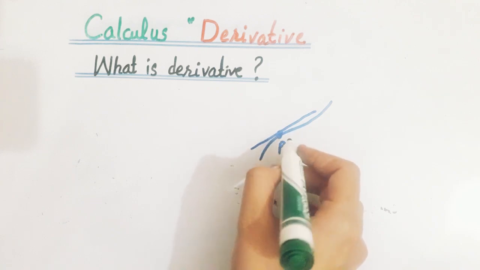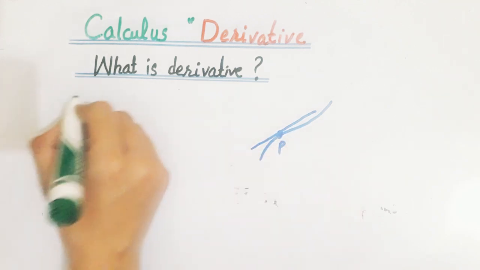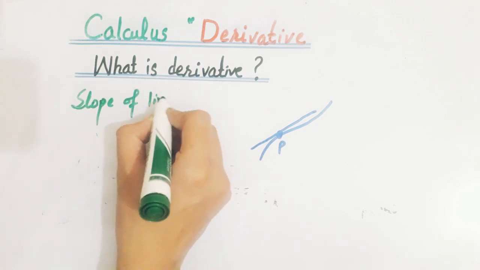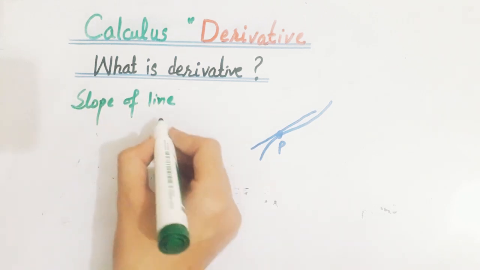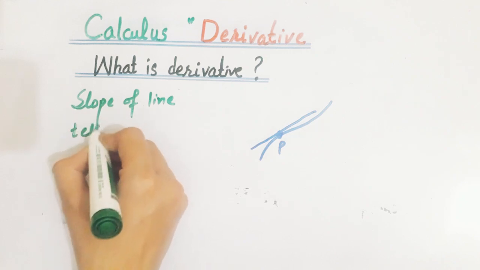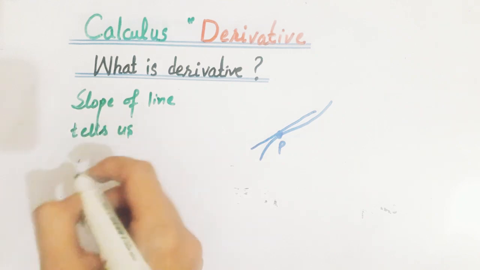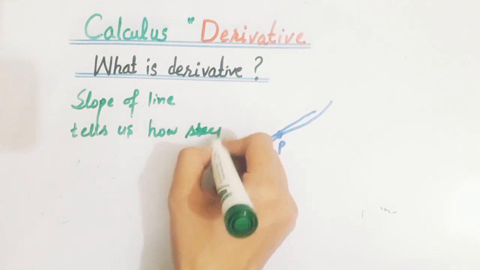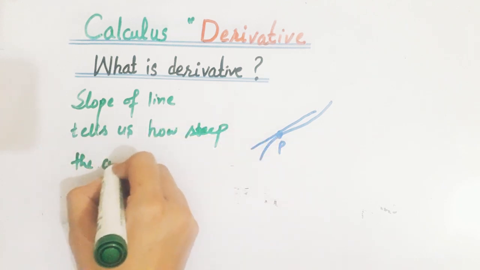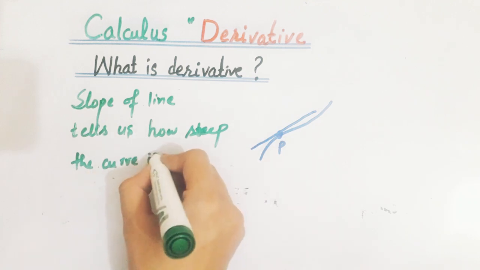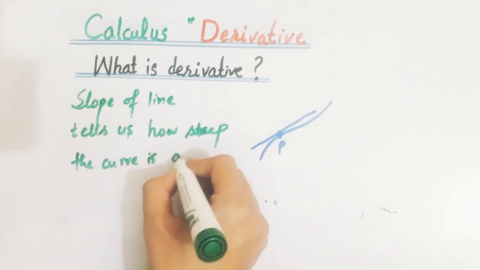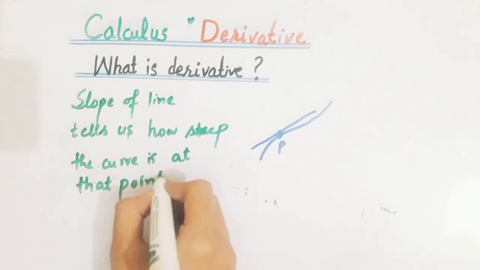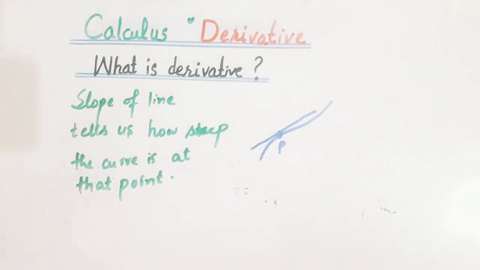The slope of this line tells us how steep the curve is at that point. So we will say this tells us the change.